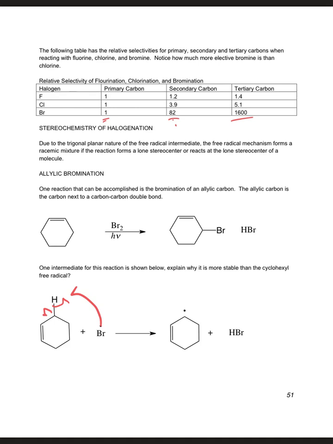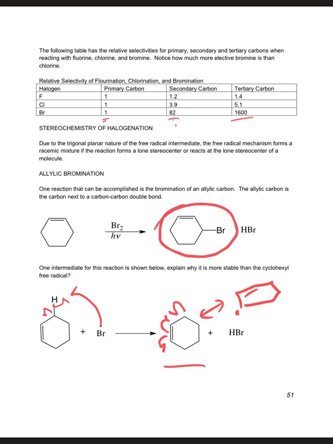And we all know that we can draw resonance structures for this allyl radical by sending the electrons down and getting that resonance structure of it. And anytime we can show resonance structures, it's much more stable. So if we have a double bond and we brominate it, we will brominate it at the position next to the double bond. We will not react with the double bond.